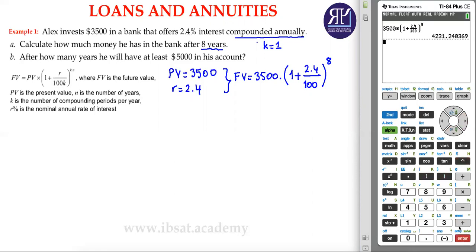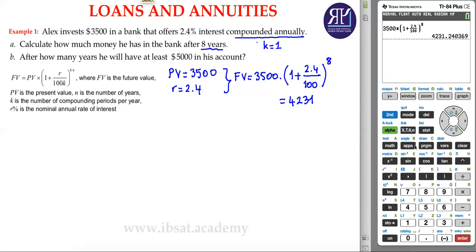The answer is approximately, to the nearest dollar, 4,231. Now let us solve the A choice by using the calculator. We may find it much more easily, especially for the other questions, so we need to learn this calculator part.